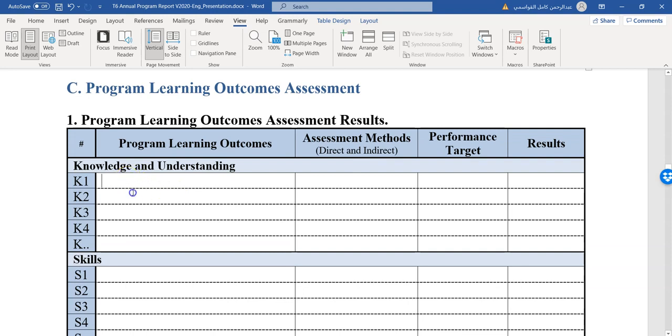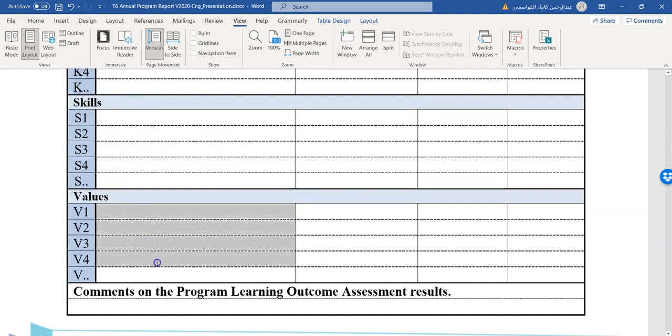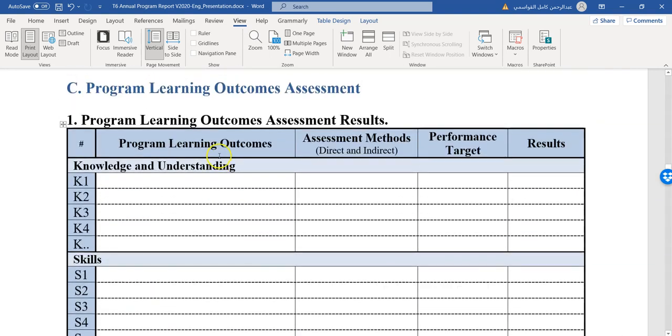So you have to fill here your learning outcomes that are approved in the program specifications. So they have to be from program specifications, all of them.